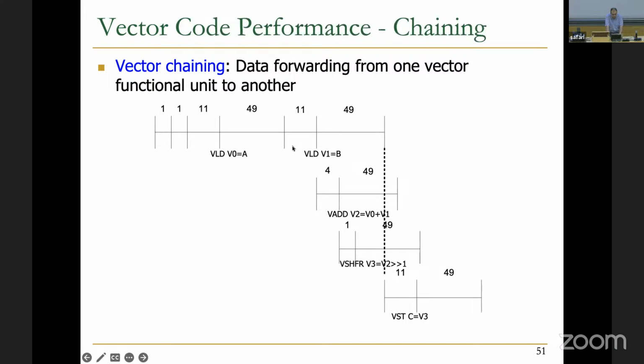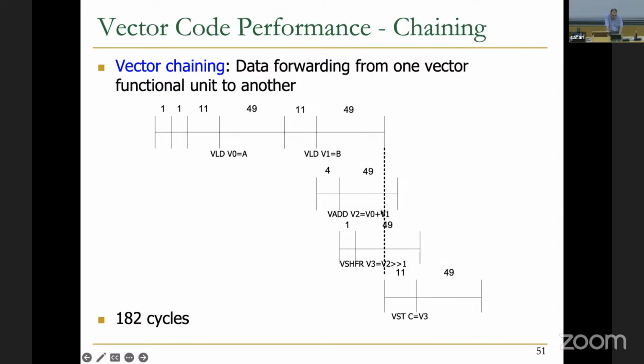For the second load, you spend 11, but as soon as this moment, you already have the first 2 elements, so you can start the addition for that part of your operation. So you can hide some of these latencies. After the 4th cycle, you have the output of the addition for the first 2 elements. Then you can start the shift for that element. And then as soon as you have your results, you can start a store.